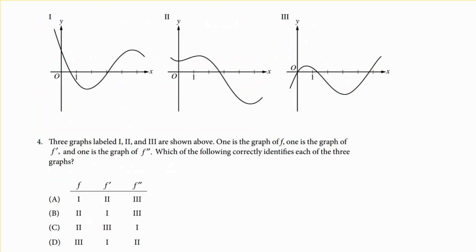All right. The graphs labeled 1, 2, and 3 above. One of the graphs is f, one is the graph of f prime, and one is the graph of the second derivative. Which of the following correctly identifies these 3 graphs? I like this graph interpretation question. So let's start out with looking at where things are 0, or where their slope should be 0.